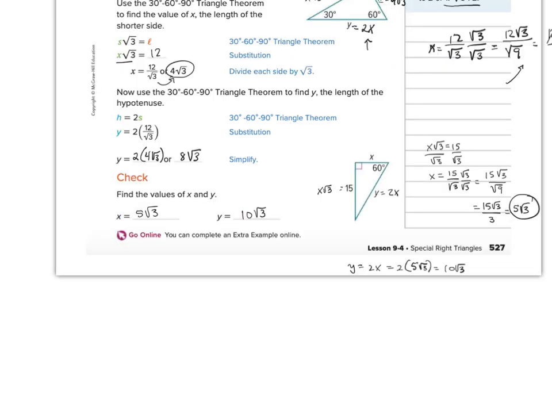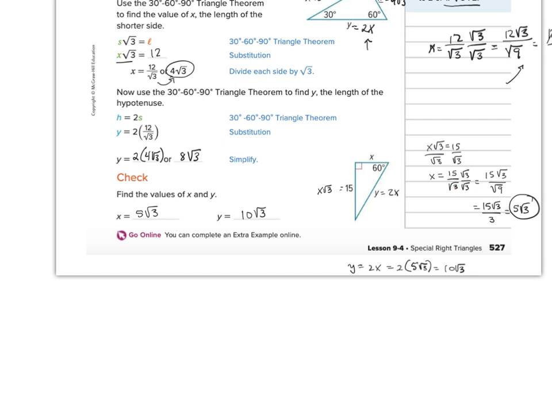So looking at that, I'm able to come up with, again, this side is x times the square root of 3. This side is simply x because that's my short side, and this side is my hypotenuse, which is going to be 2 times x. So when I calculate x square root of 3 is equal to 15, I divide both sides by the square root of 3, I get 15 divided by the square root of 3.